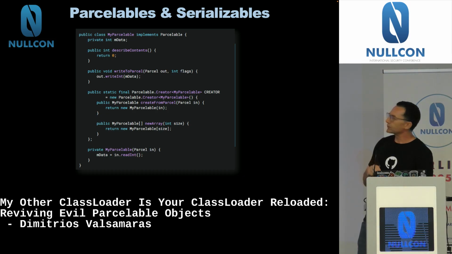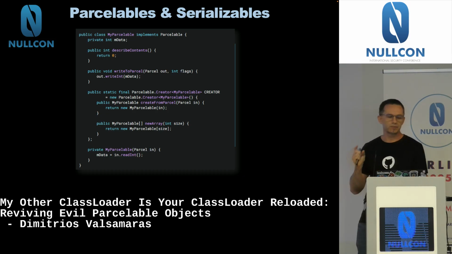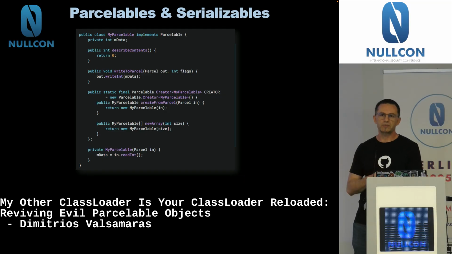All right, now let's move to serialization and parcelables when it comes to Android. Serialization in Java, I guess it's well known to almost everyone, is the process of converting an object into a byte stream in order to transfer this object across different JVMs, either locally or across a network. Now, for this process to be successful, the receiving end must include the class of this object in its classpath. Now, when it comes to parcelables, Android had to introduce parcelables for better efficiency due to the fact that moving objects in Android is very common between components.